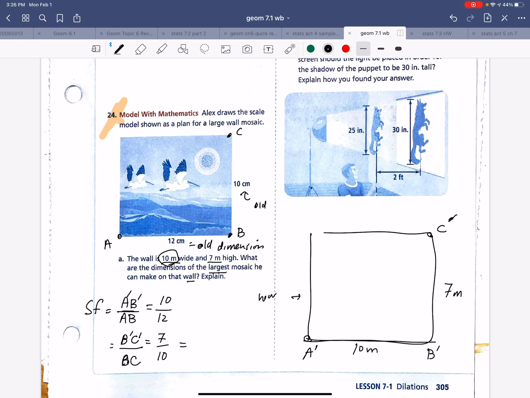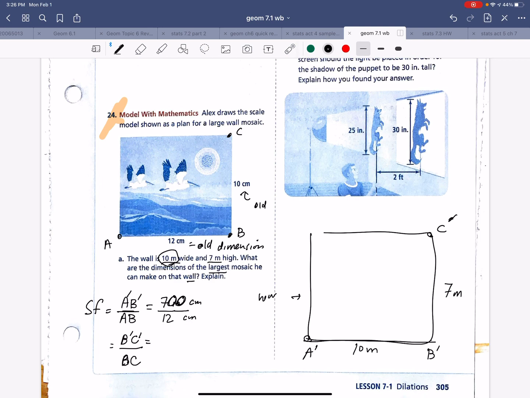Now it looks like it's getting smaller, right? But remember my dimensions are in centimeters. So my new one is meters, right? And I can add 2 zeros. Or I could say that's 700 centimeters over 12 centimeters.